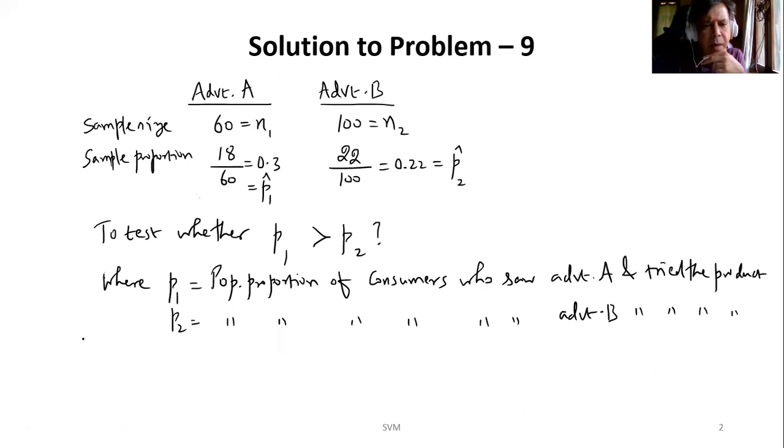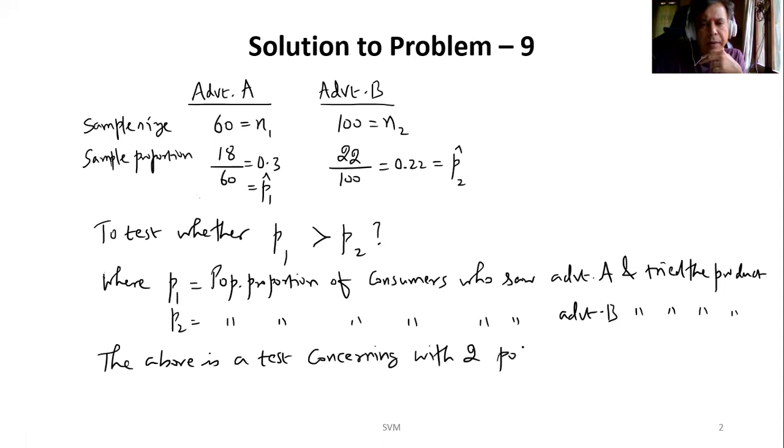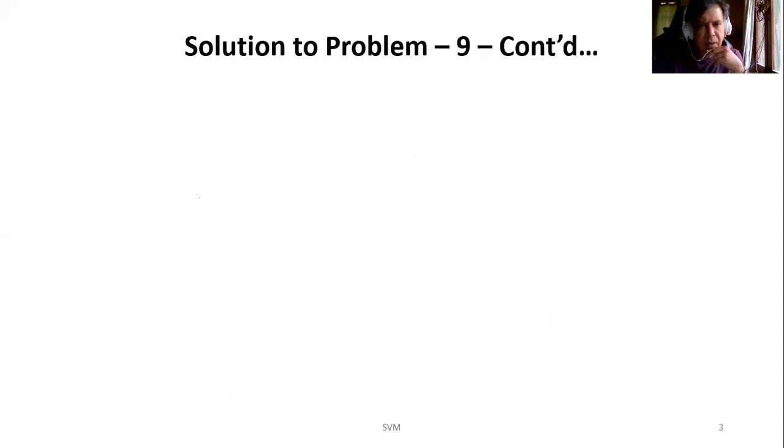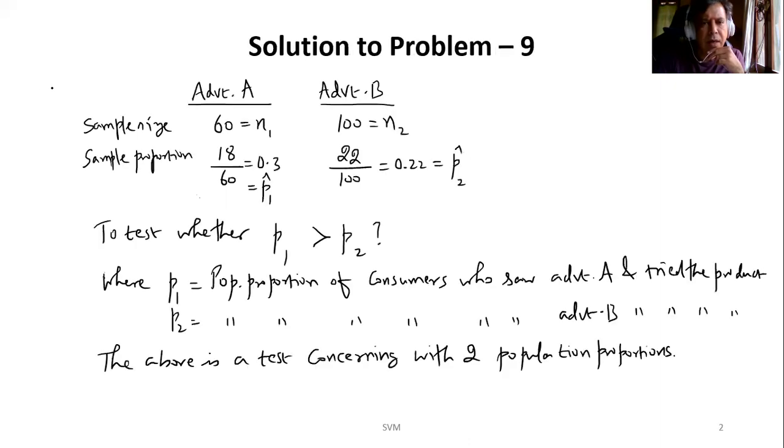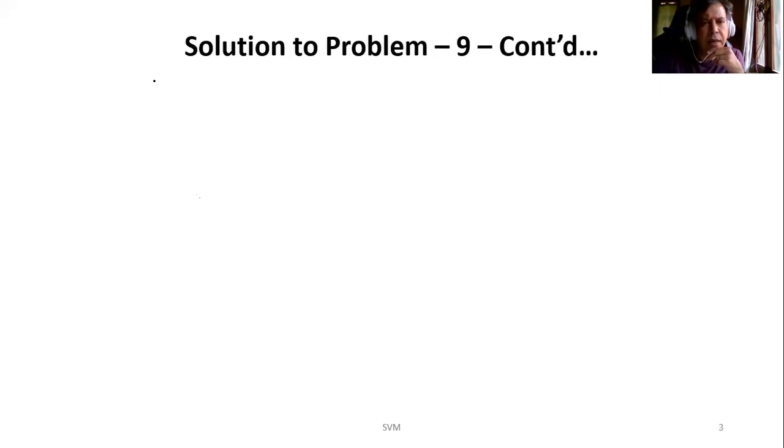So one thing is clear that the above is a test concerning population proportions. So since it is two population proportions and the sample sizes are large, we will go for a Z test.